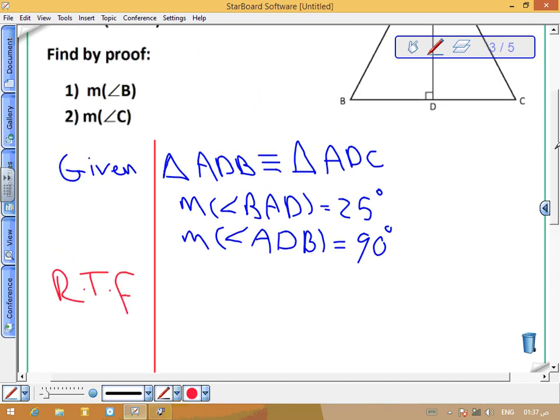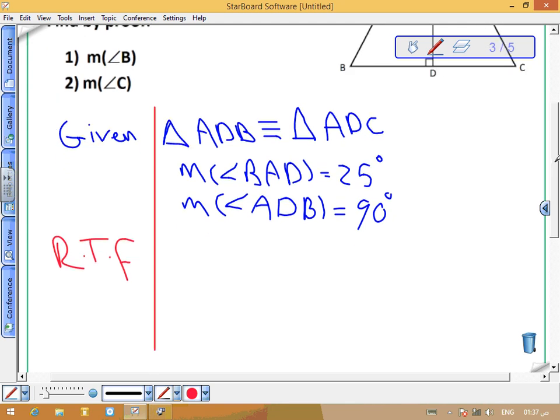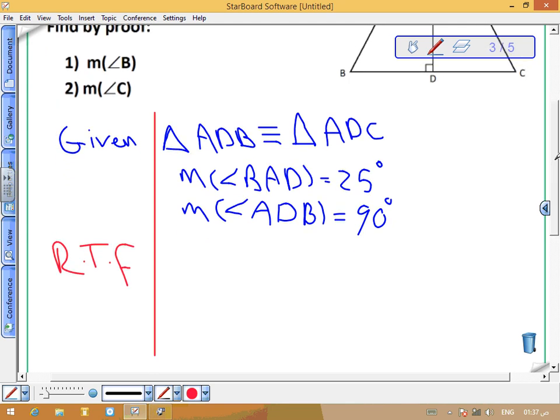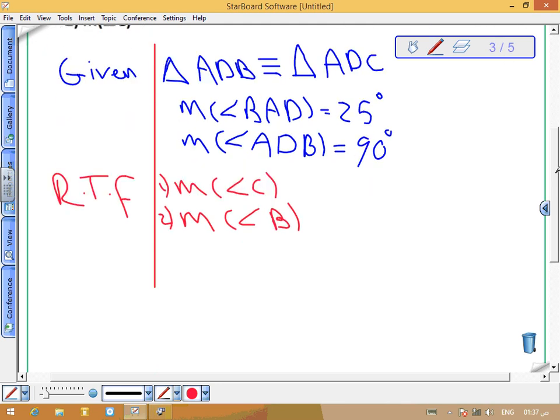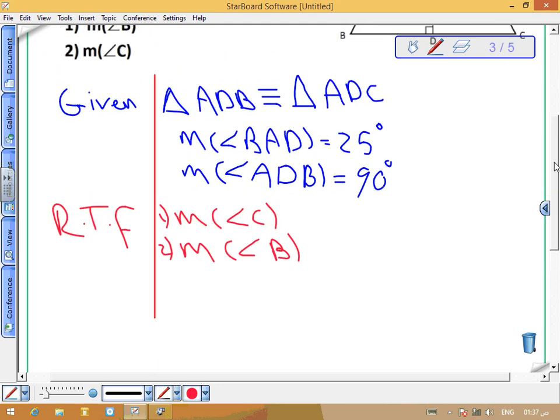The question is find by proof measure of angle B, number 1, and number 2, measure of angle C. Sorry. Number 1 is finding measure of angle B. Number 2, finding measure of angle C.